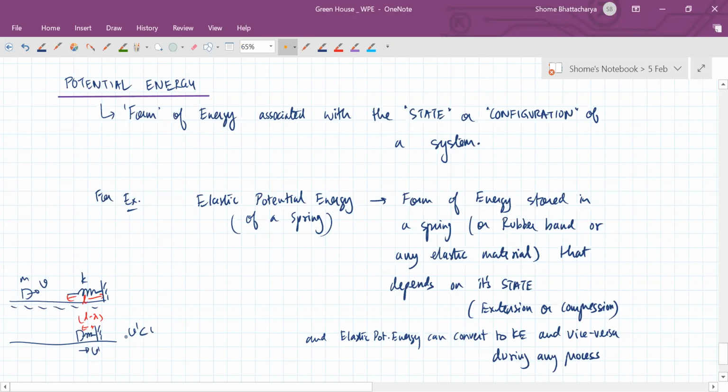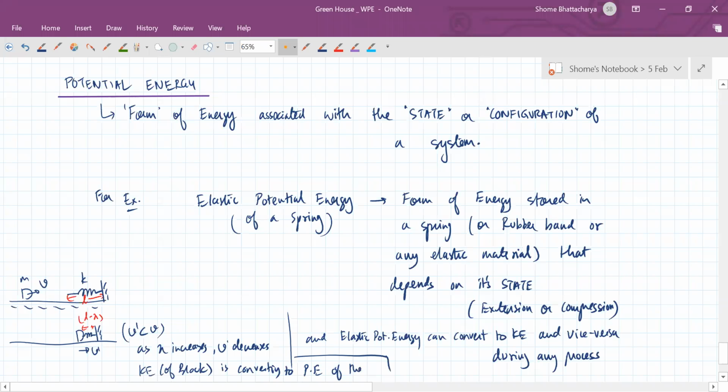So v prime is less than v. As x increases, the speed decreases. So kinetic energy of the block is converting to potential energy of the spring. This is an example of a process where kinetic and potential energy are interchanging.